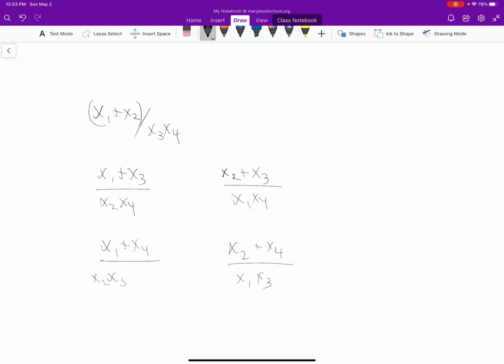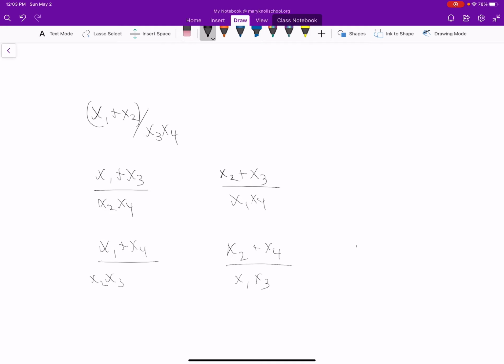So now let's pair things with the x3. We've already done x3 and x1, and x3 and x2. But hey, we already have those paired together. So I think we're left with only one more, which is x3 plus x4.